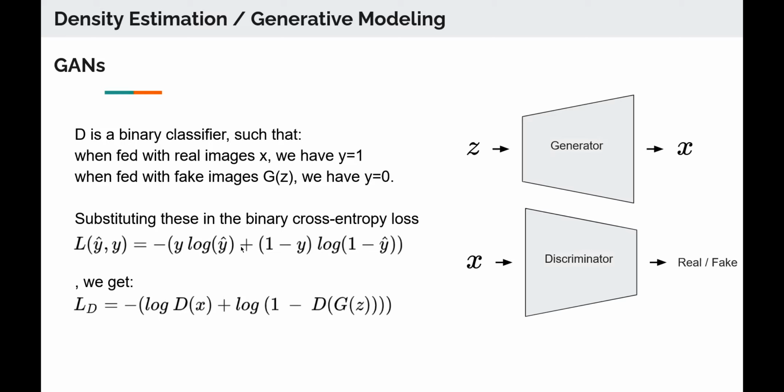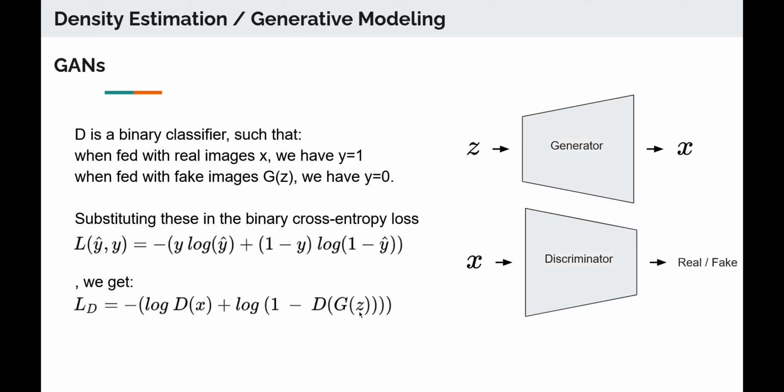So this portion of the loss goes away, and this term is just 1 minus 0, so 1, and we are left with log of 1 minus y hat, so log of 1 minus the prediction of the discriminator. So this binary cross entropy loss boils down to this formula here. This is the loss that we want to train the discriminator with. When we feed it real images, they will go in here, and when we feed it generated images, they will go in here.